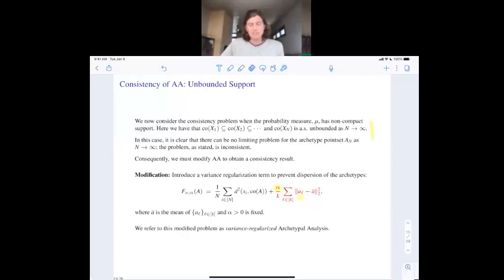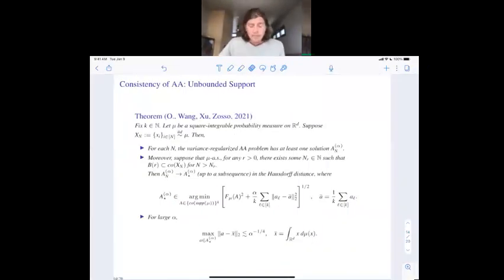And we have a consistency result for this too. So if mu can have unbounded support, but let's suppose it's square integrable, and again, I IID sample points from it, then you can show that for each n, the variance regularized archetypal analysis problem has at least one solution.